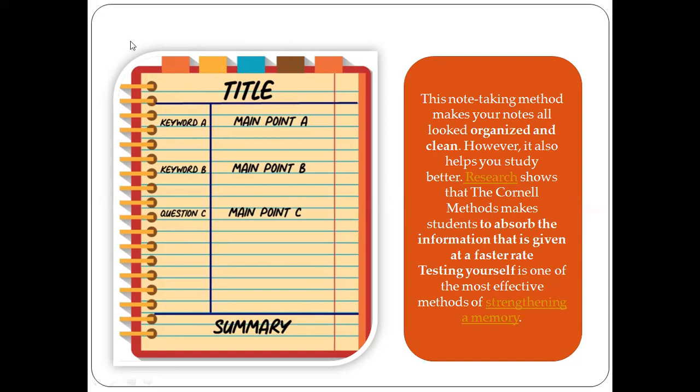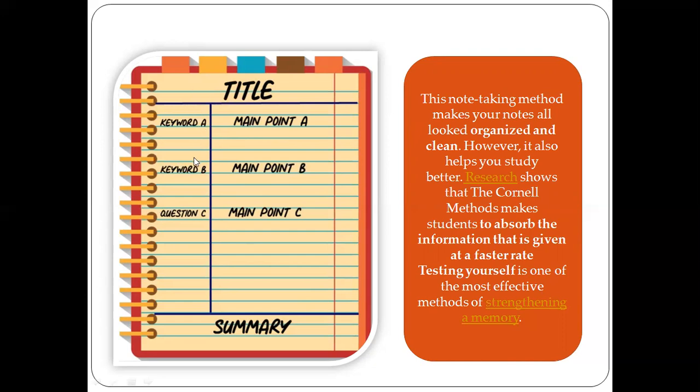On the left side, you will write the keywords, and on the right side, you will write the main idea, the main point of the title. If you want to continue taking notes, you just continue like this, keyword and main points, and so on.